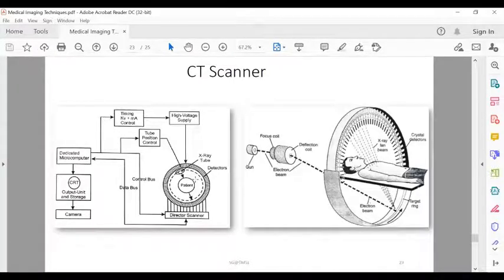If the patient is placed between the source and detector, X-rays from the source are passed through the body, and the radiation transmitted from the body is then sensed by the detector, with the source or detector or both moving across the section of the body. Okay, so the measurements are made at regular intervals, and in this way the electron beam CT scanner is used to measure the CT scan.